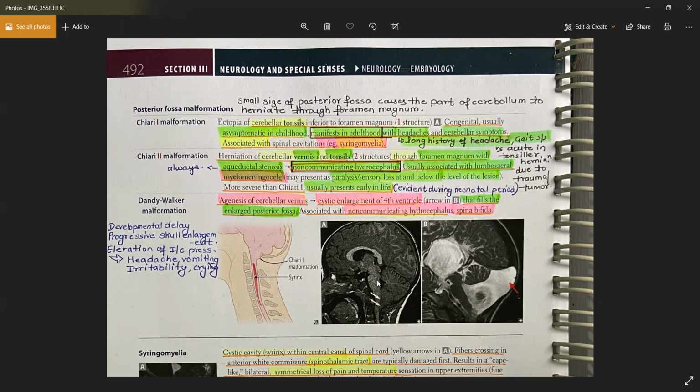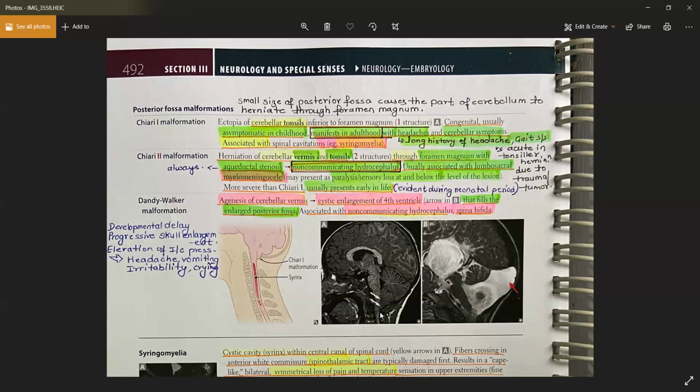But in Chiari malformation type 1, you do not have any history of trauma, or you can have a history of trauma, but it is from a long time before. A trauma which happened a year before does not correlate with this herniation. It won't cause any herniation. So Step 1 can try to trick you.